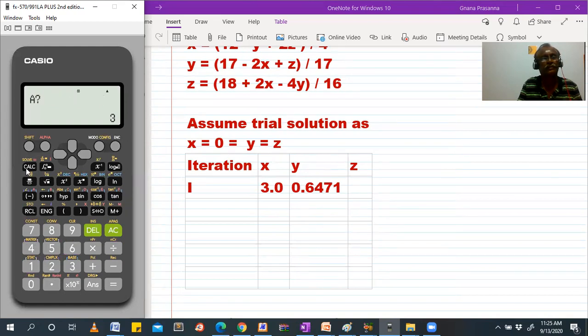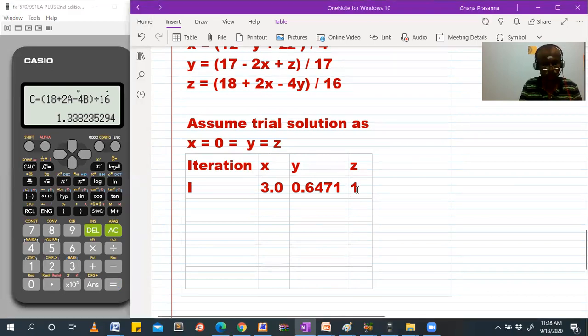Now calc. A is the current value 3.0 and B is 0.6471, press equal to, it will give you 1.3382.